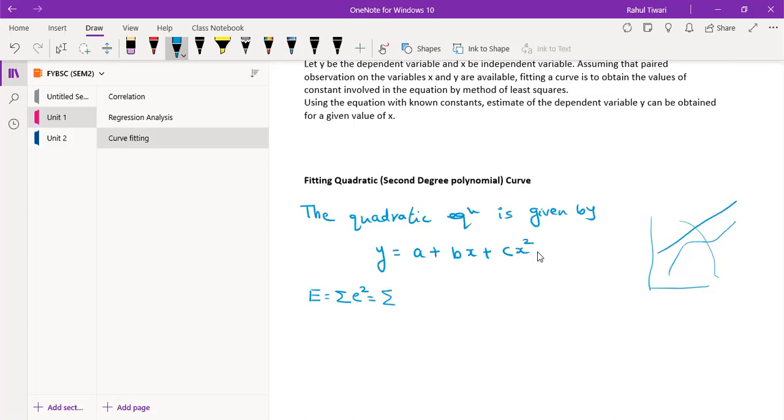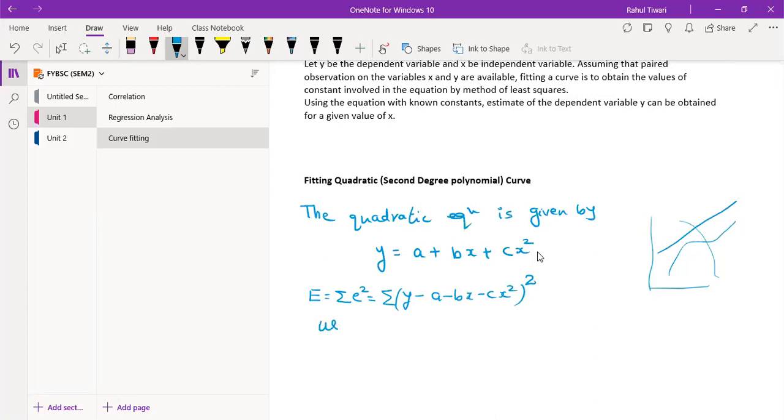It will be the summation of y minus a minus bx minus cx square, right? This minus this value will give us the expected value, the summation of e square. Okay, so this is my E.